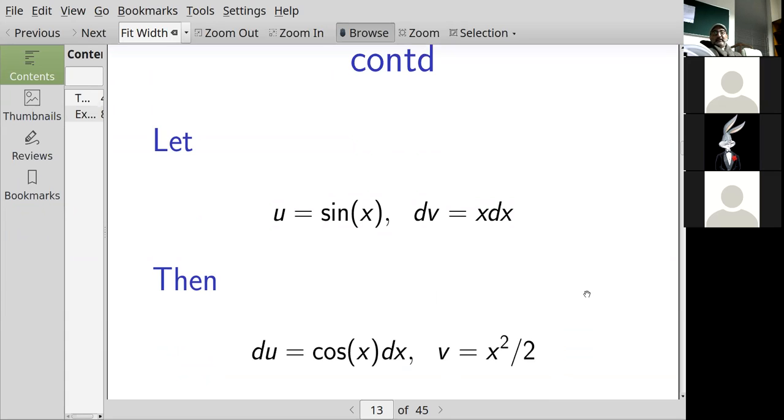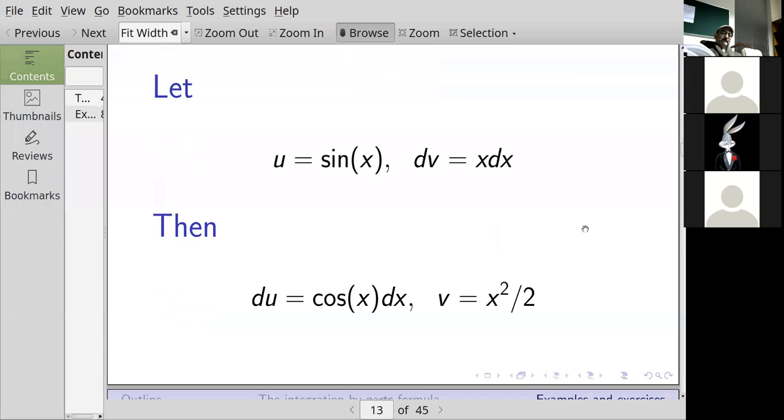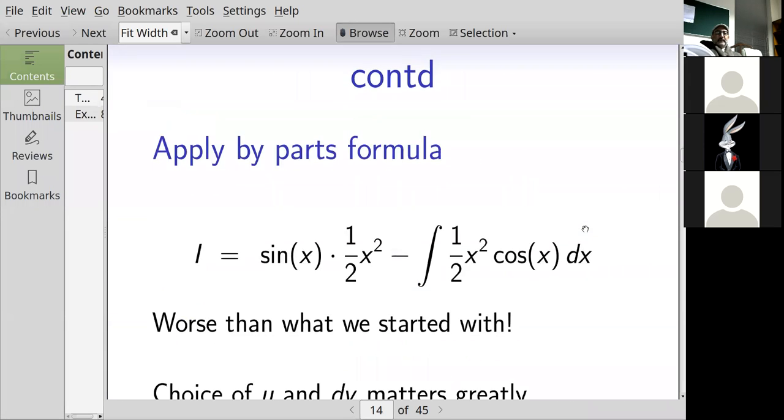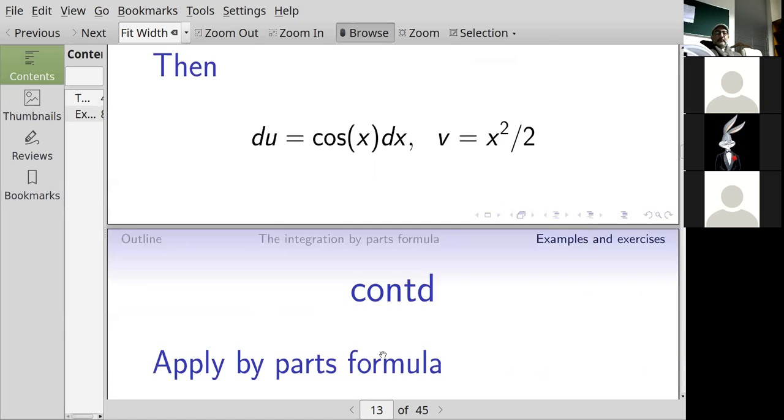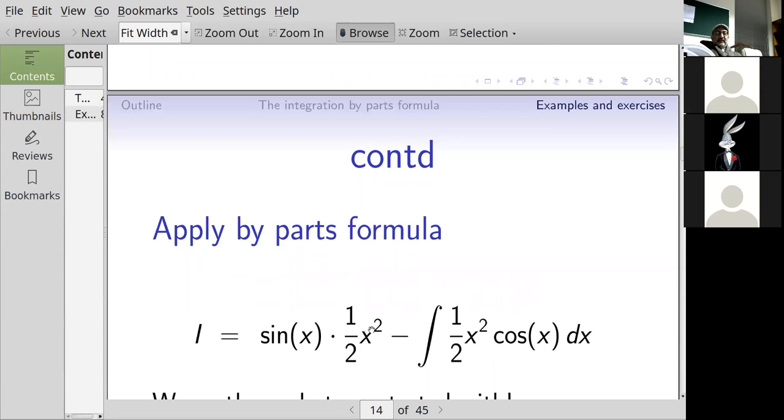Now we have everything that we need for our integration by parts formula. Integral u dv is equal to uv minus integral of v du. So u times v was one half x squared, minus the integral of v is one half x squared, and du was cos of x dx.